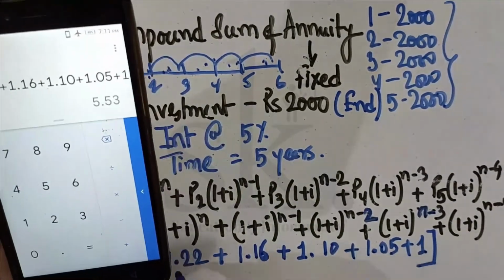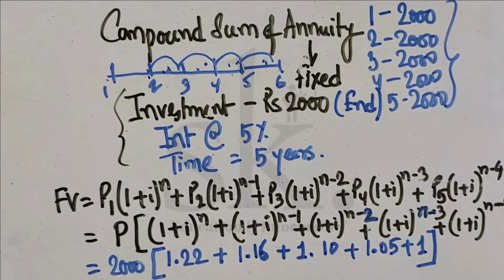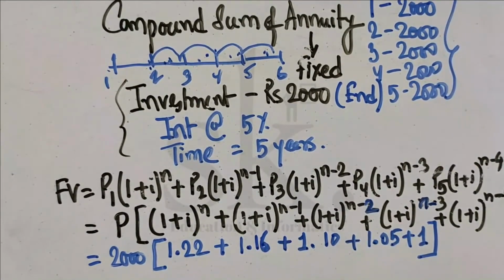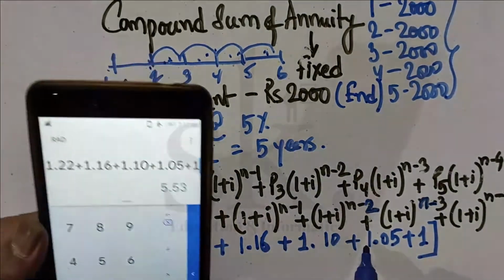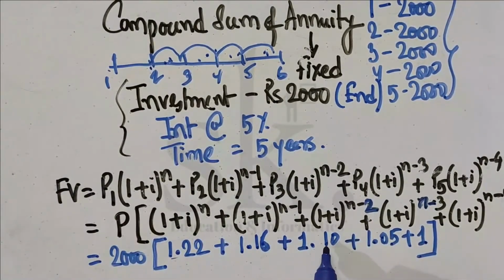So I'm basically getting, this part is 5.53. So I had 2000 multiplied by this all. So I got 5.53, so it will be 2000 into 5.53.